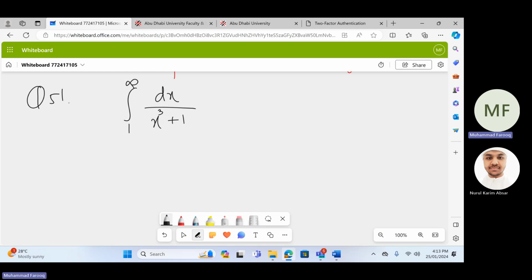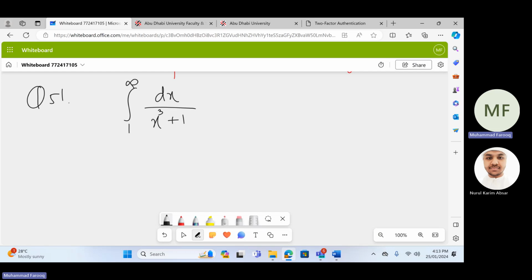Now, this is the question, and in the exam it will mention by using a comparison test. Actually we have two tests. By using a comparison test, maybe I mention by using DCT. So now you are not using the integration. I told you, use only the method mentioned.